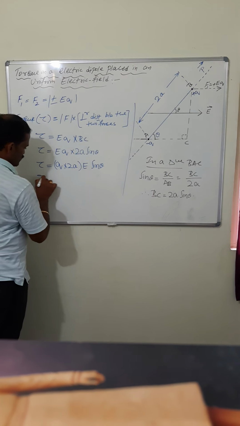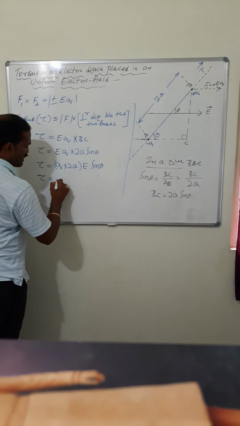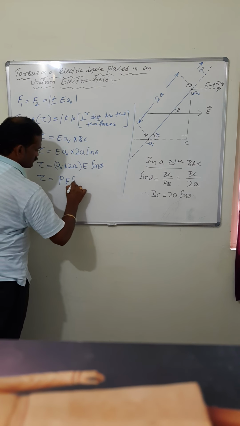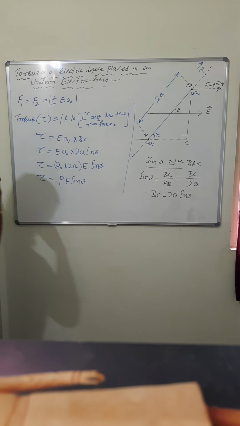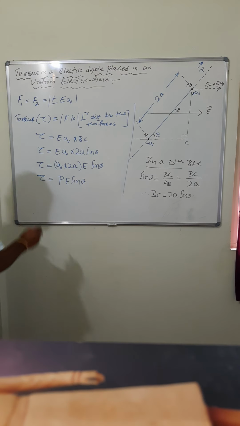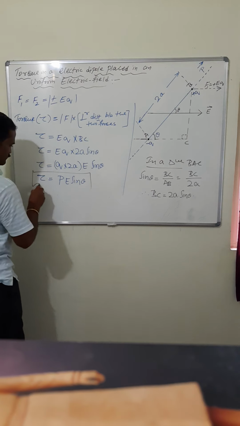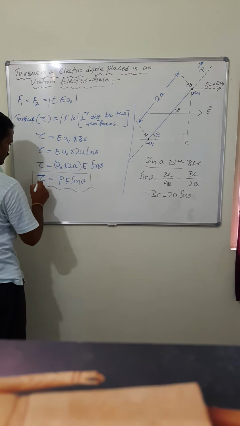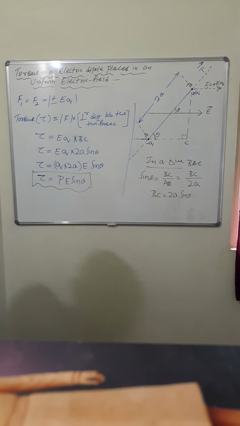Therefore, what is torque? What is dipole moment? P. So tau is equal to P E sin theta. This expression will give only the magnitude of torque. I want to put it in the vector form.